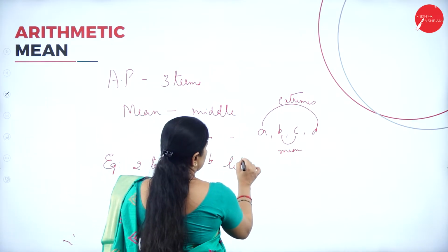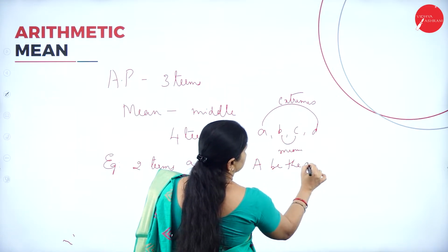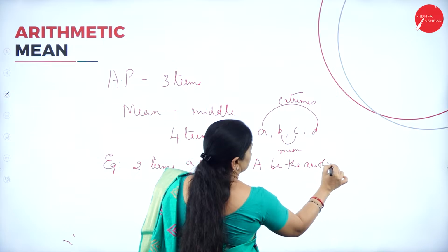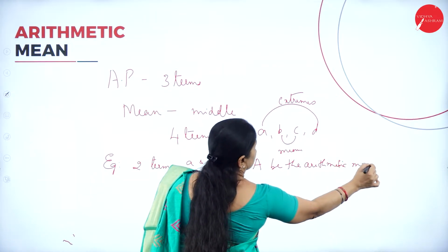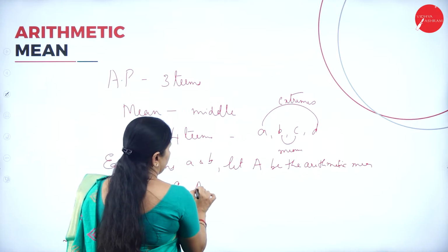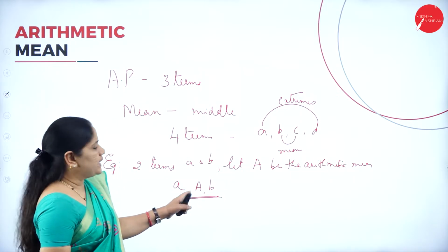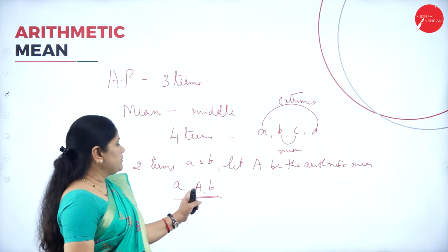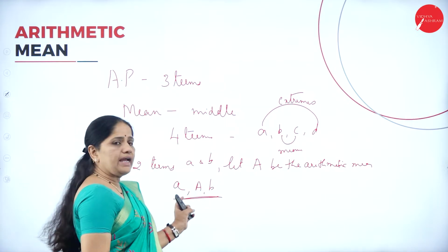So let A be the arithmetic mean. So A, comma, A and B. This A comes in between A and B. So the arithmetic mean is the middle term of A and B.